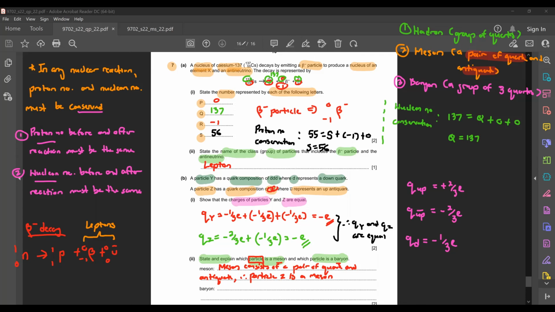There is a pair of quark and antiquark there. So therefore, particle Z is our meson.